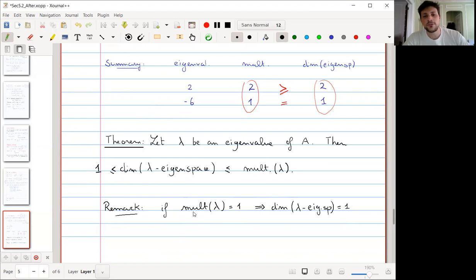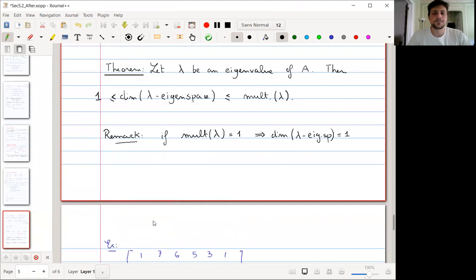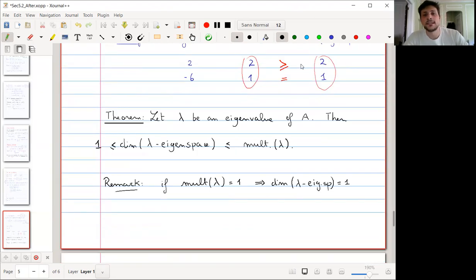However, if, just like in our example, we had the multiplicity equal to 2, the only thing you can conclude is that the dimension of the corresponding eigenspace is less than or equal to 2.